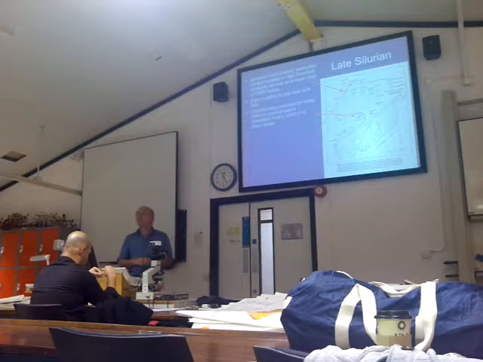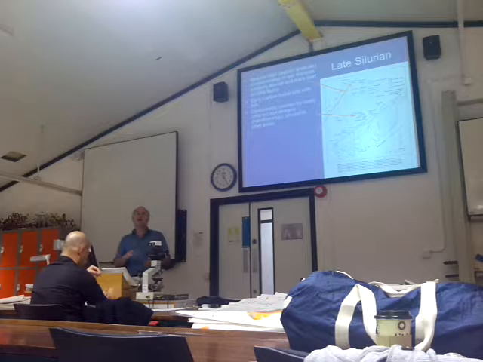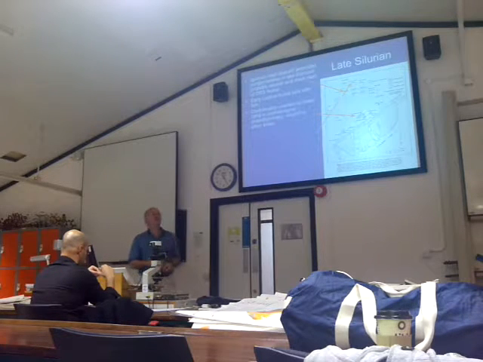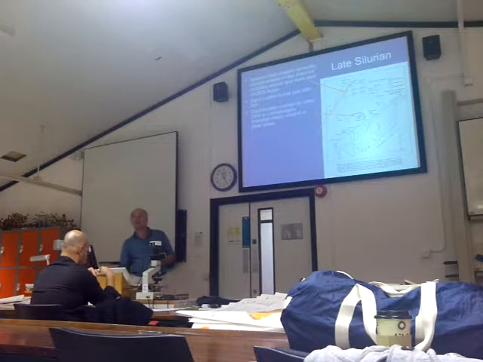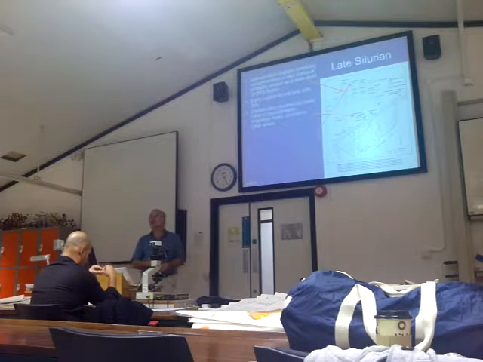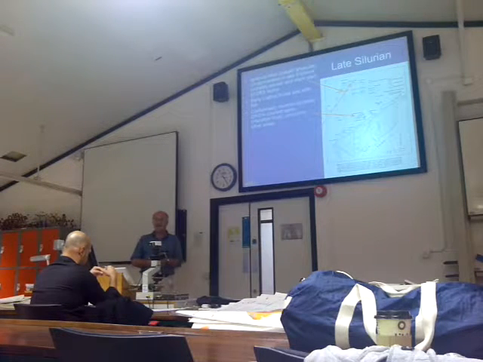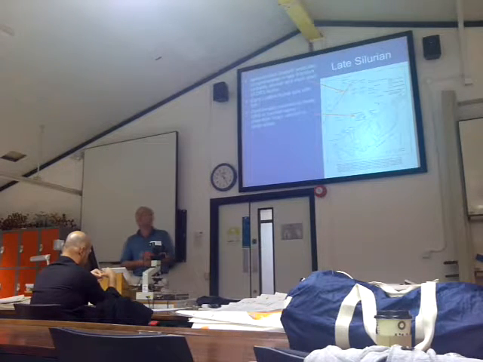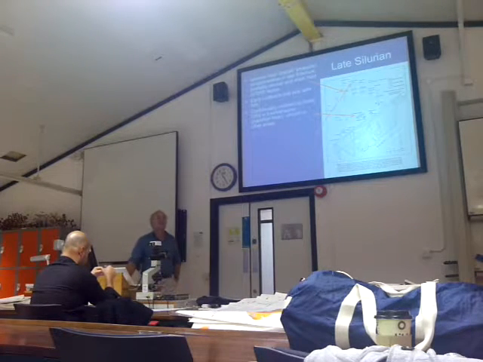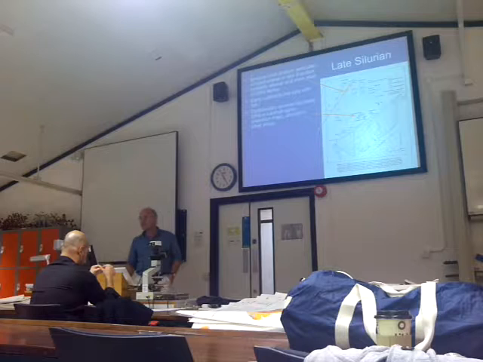There was a conformable sequence all the way from the Silurian into the lower Old Red Sandstone, the early Devonian. Other areas in the Midland Valley, in the southern Midland Valley, the early Devonian is unconformable on Silurian rocks. So, for example, on the Edinburgh sheet, you will have seen an unconformity.